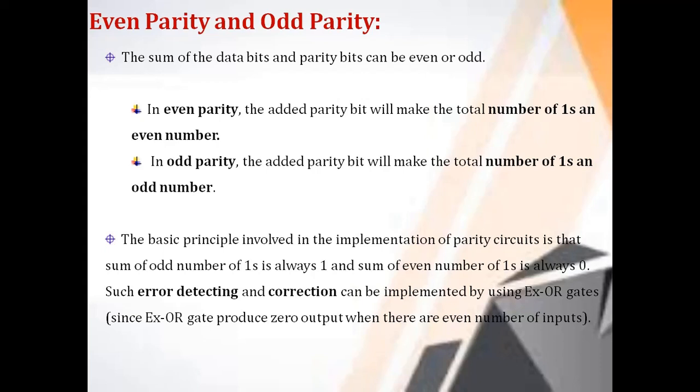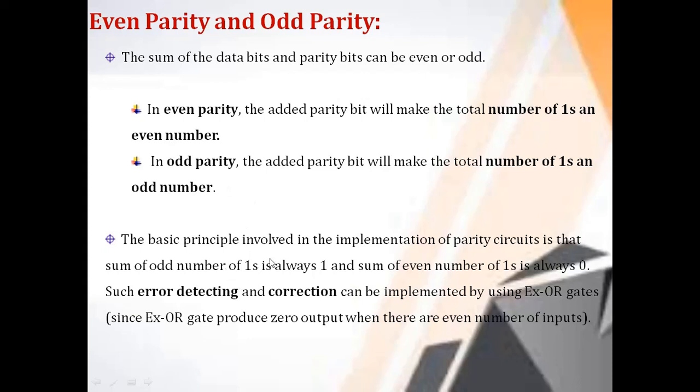On the receiver side, if they count the number of ones in the message and it is an odd number, then there is no error. These functions are performed in odd parity.